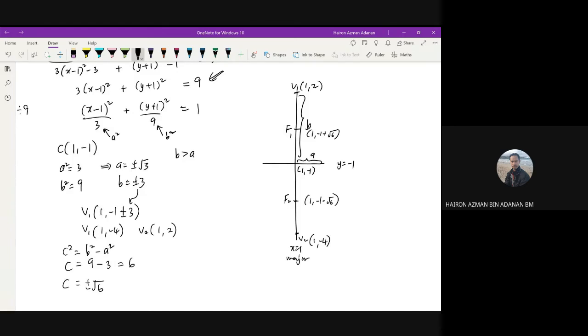Okay, and then the minor axis vertices. This one is 1 minus a, which is square root 3, right? 1 minus square root 3, negative 1. Here also, 1 plus square root 3, negative 1. Done. Then we have to draw. Okay, this is your ellipse.